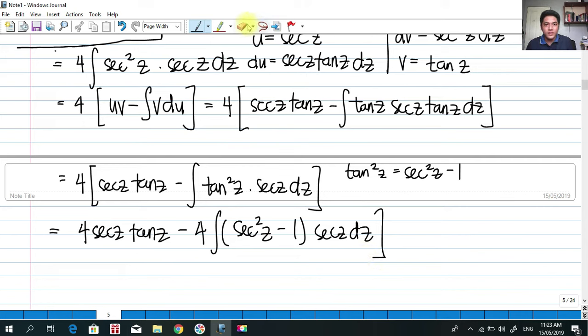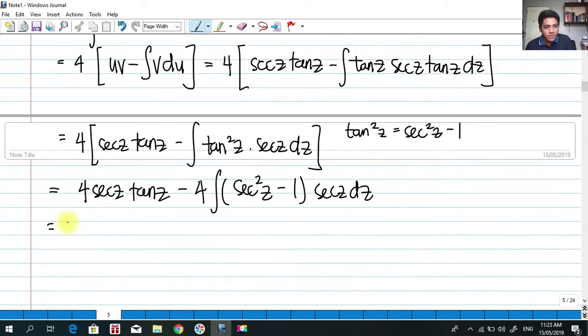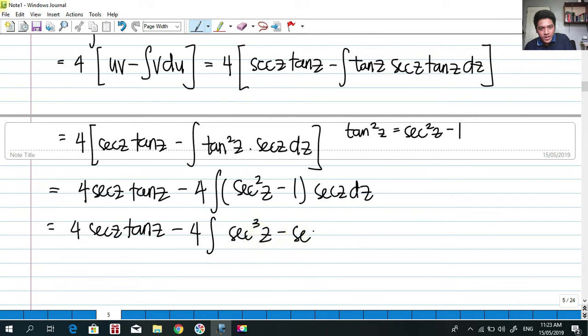Okay? So again, by techniques, we have 4 secant z tangent z. And basically, if we distribute this secant z to this, we will have minus 4 the integral of secant cube z minus secant z, integrated by dz.